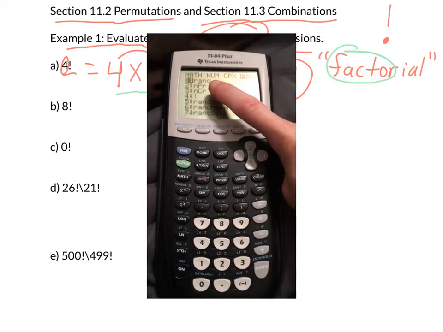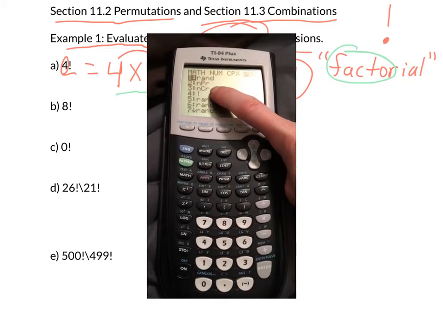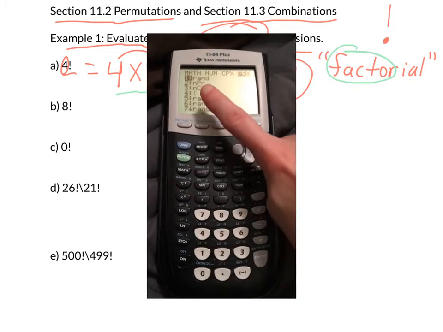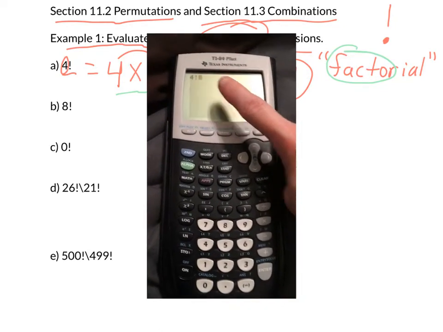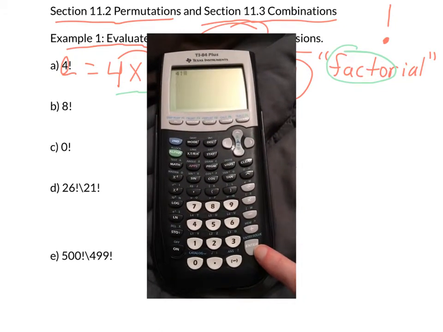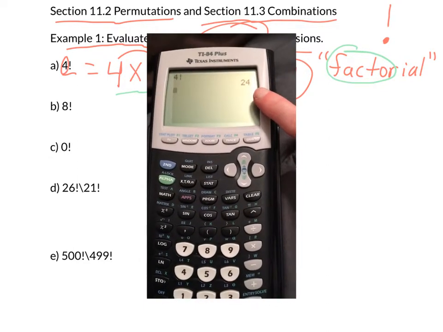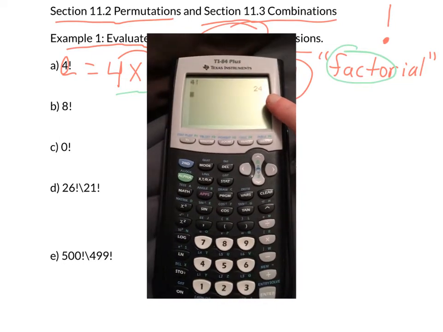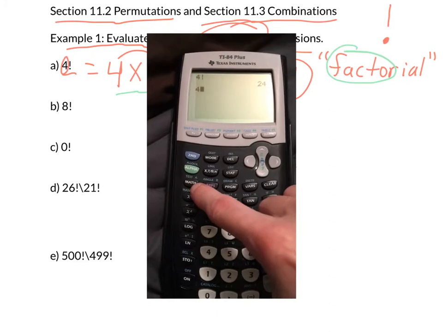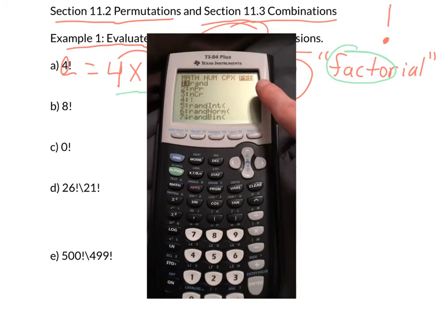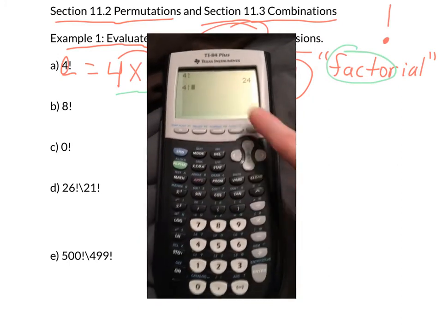Heads up, we will be using the nPr and nCr features later in this video as well. For now though, I'm going to hit 4 for factorial, it comes onto the main screen, and then I hit enter on the bottom right corner for equals, and bam, there it is, 24, final answer. So again, type in the number first, then the math button, left arrow to PRB, option 4, enter.